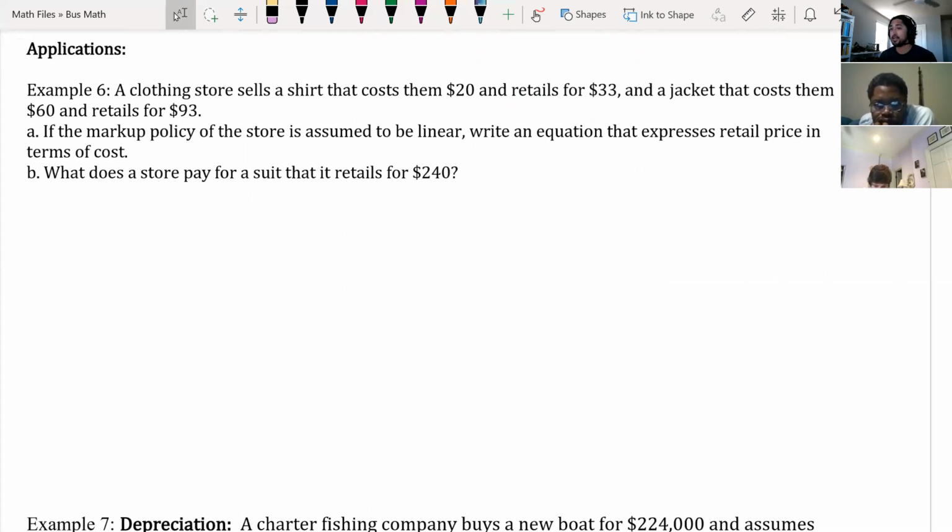If the markup policy of the store is assumed to be linear, which we've been doing all day, write an equation that expresses retail in terms of cost. So in step A, it's asking us to create a linear equation, and in order to create a linear equation, we need a point and we need a slope.